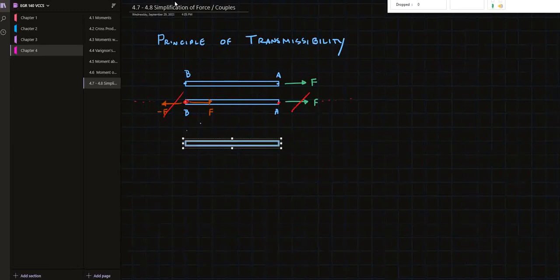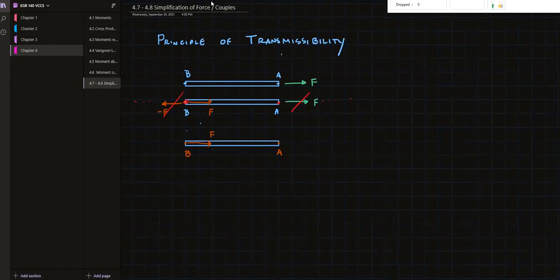Let's go back to this, and here we have a situation now where the force is at B, and has the same effect on this thing. Exact same effect.